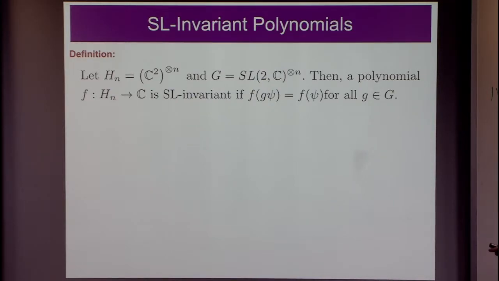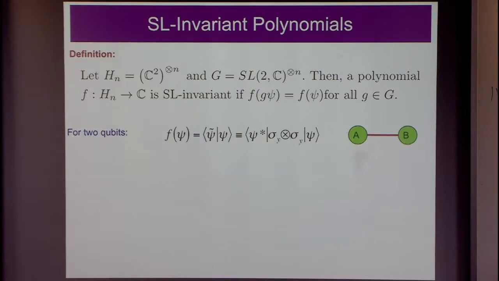For simplicity, I'm assuming the dimension is 2, but it can be any dimension, and they don't all have to be the same. Then any function that is SL invariant is called SL invariant. The function f goes from Hn to C. Everything is over the complex numbers.